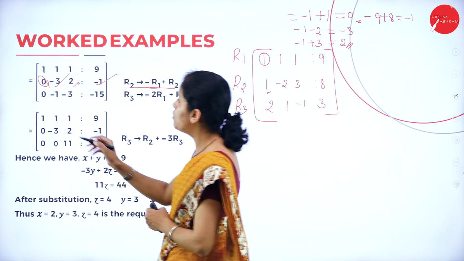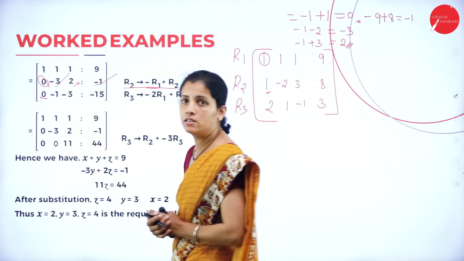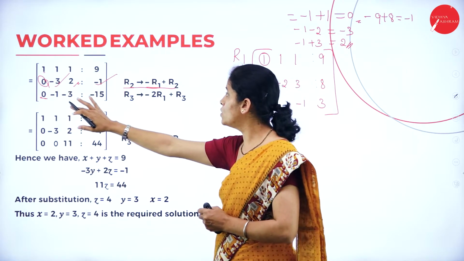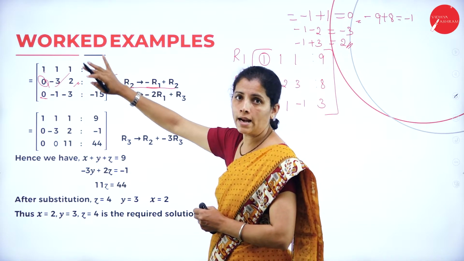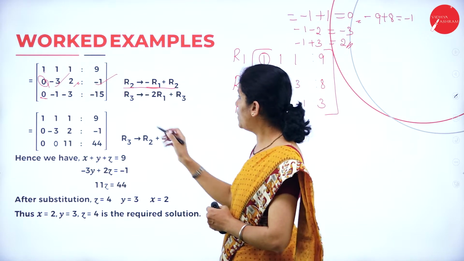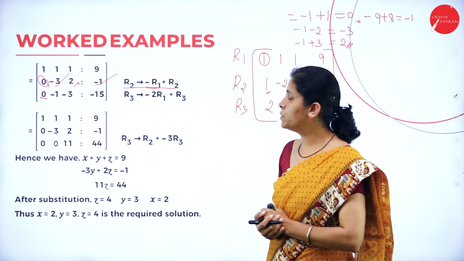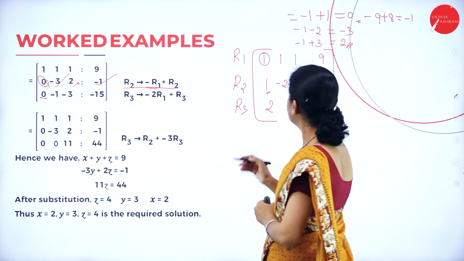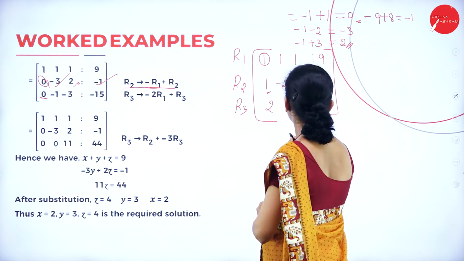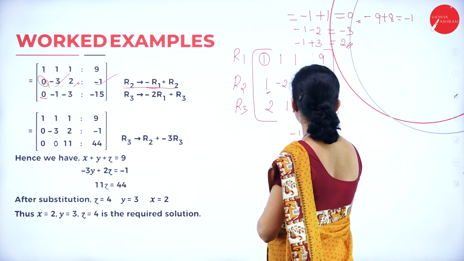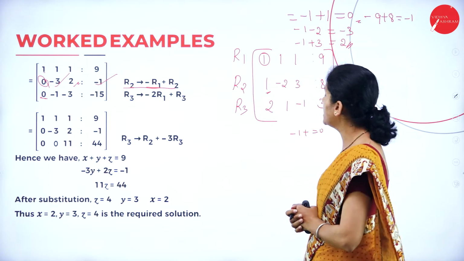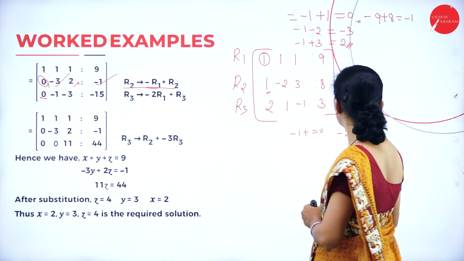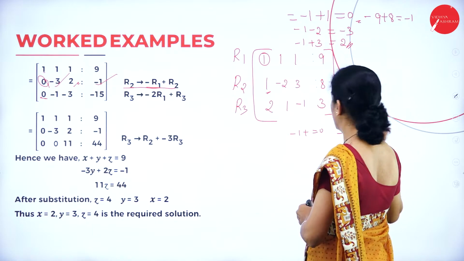Now I just want to make this element 0, which I get when I consider row 1 and row 3. So what is the formula? R3 equals minus 2R1 plus R3. What is minus 2R1? That is minus 1 plus 1, it is 0. Now the second one, minus 2 plus 1, so you get minus 1.